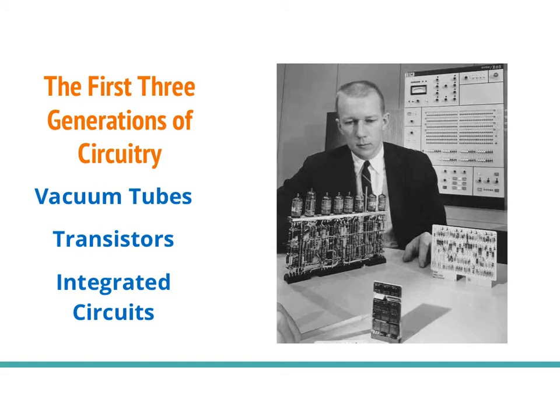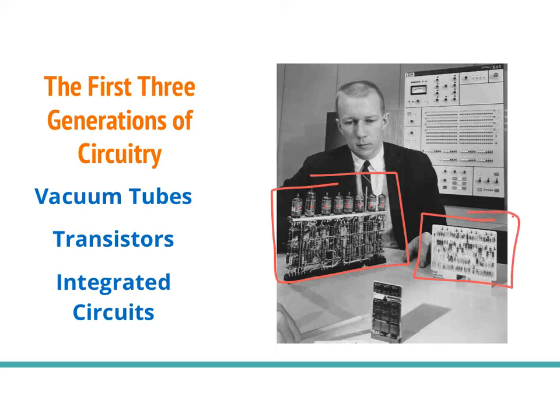So this particular image here kind of gives you a visual of the first three generations of computers. This first piece right here consists of vacuum tubes. And you can see there's 1, 2, 3, 4, 5, 6, 7, 8 vacuum tubes here in this particular picture. Now, as we continued to develop things for computers, we moved to transistors, which you can already see are smaller.